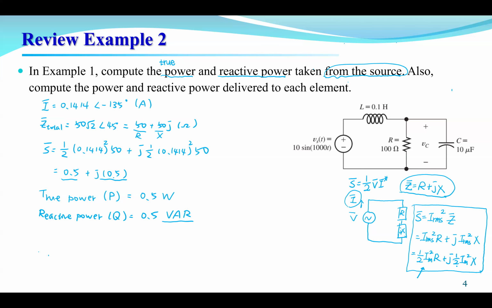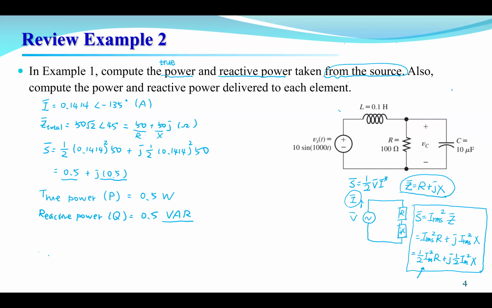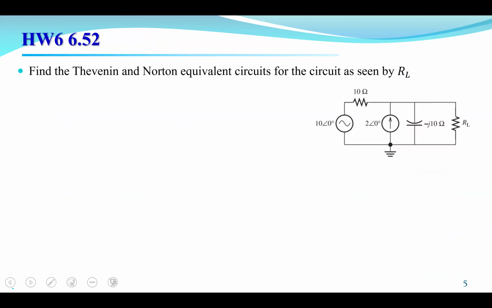But before that, because in example one we already found I, we already found IR, and we already found IC. So the power and reactive power delivered to R. Let me see if we have the next page. Oh, no.